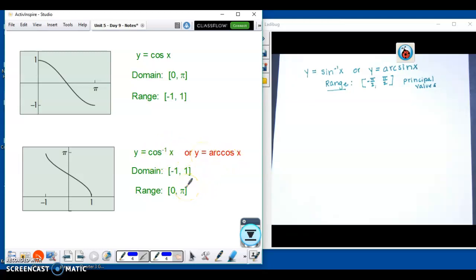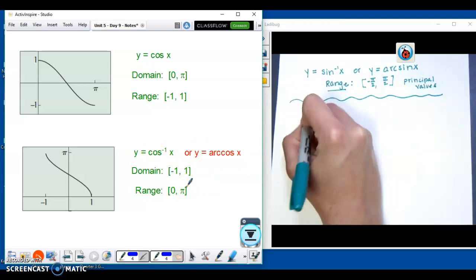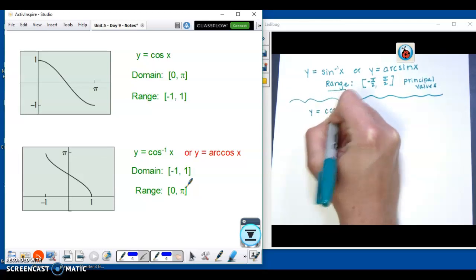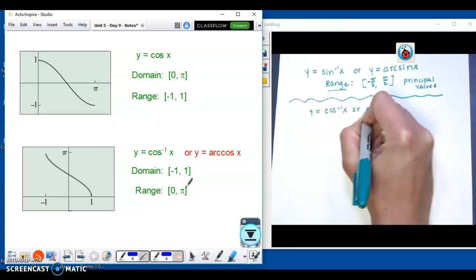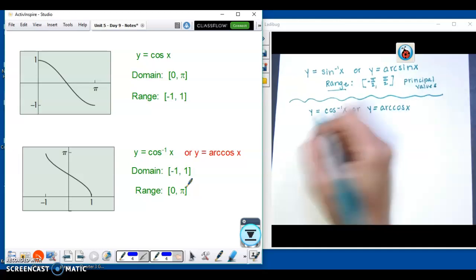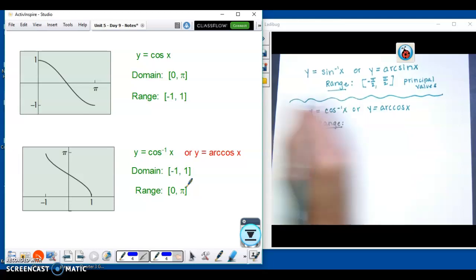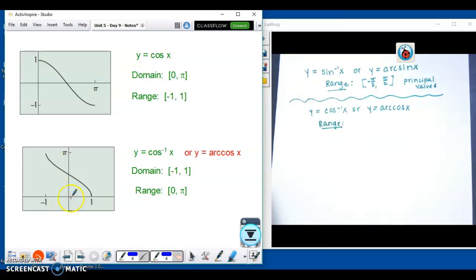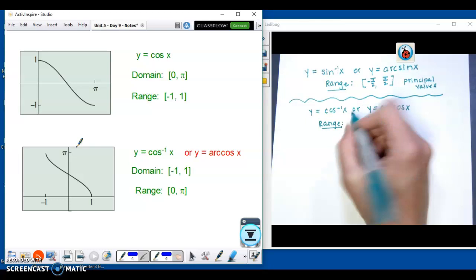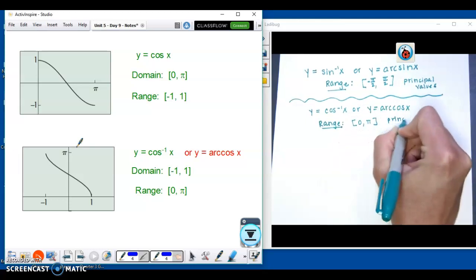The important part we want to focus on is the range. Looking at your y values, the range can go from 0 to pi. And this will be called our principal values.